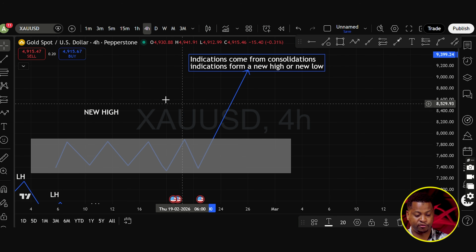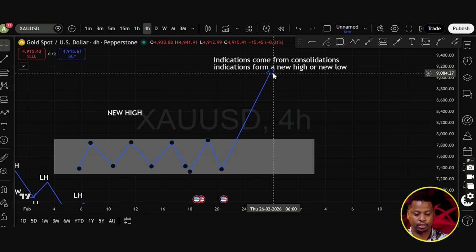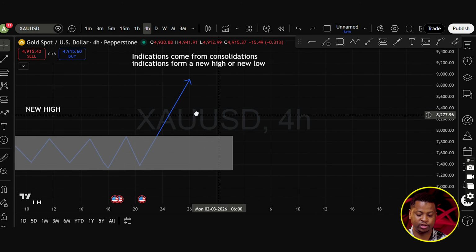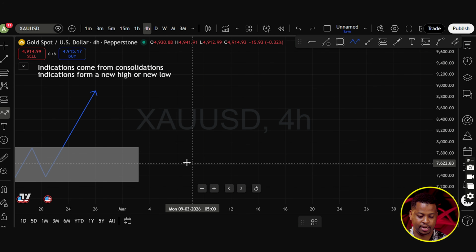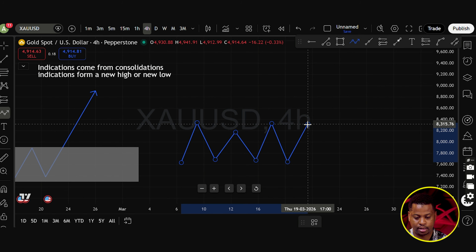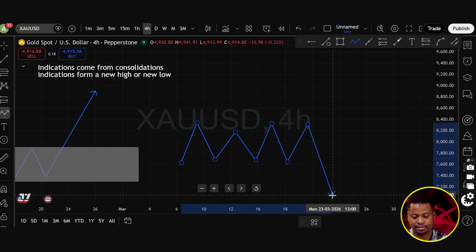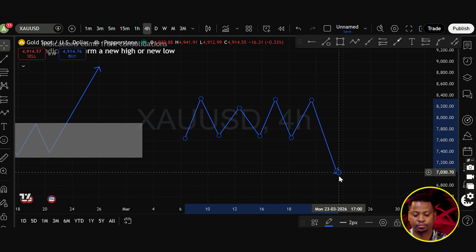Before we dive deeper into this concept, let's look at a market that is definitely consolidating like this, and then it does this. It forms a new low.